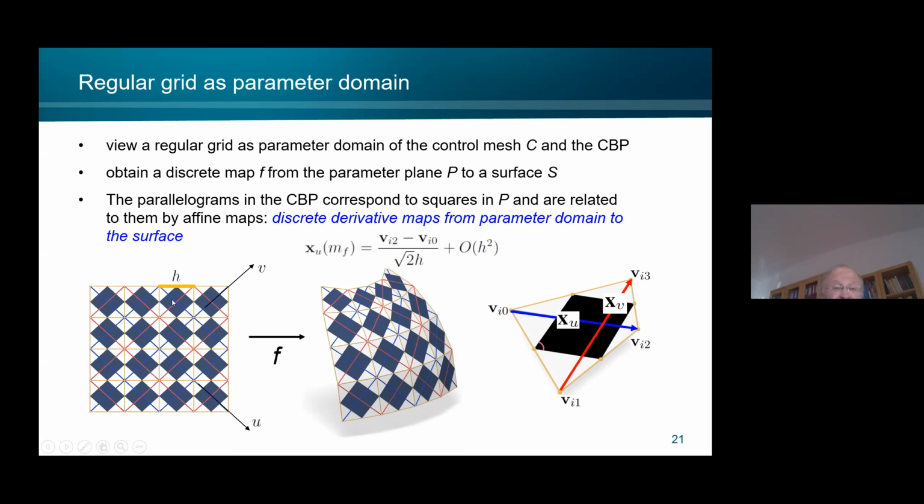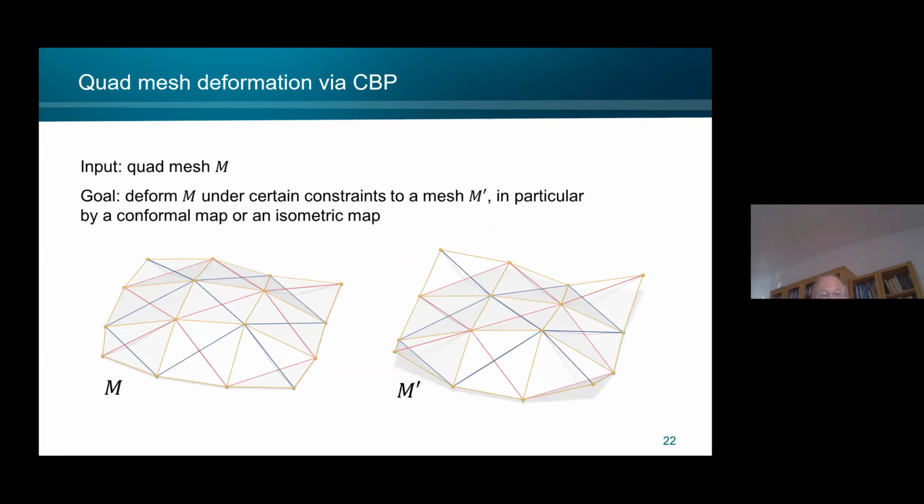So here the edge length of the grid is h, so the diagonal length is square root of 2 times h. So we get this Taylor expansion, and this says something because it has an accuracy of order 2 and not just 1. So the error term is not O of h, it is O of h squared. And of course, the same applies in the other parameter direction.